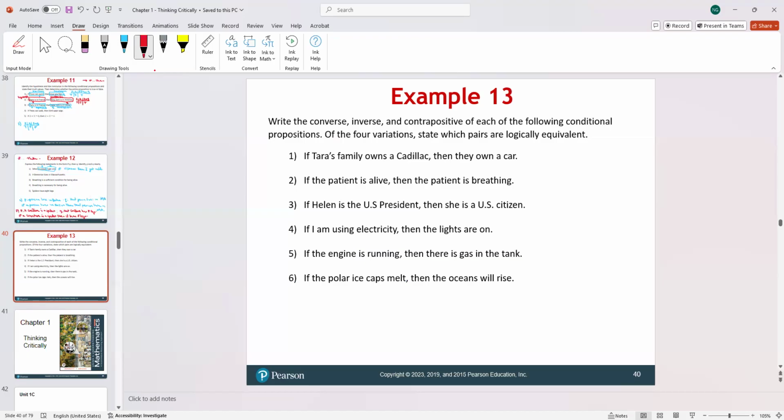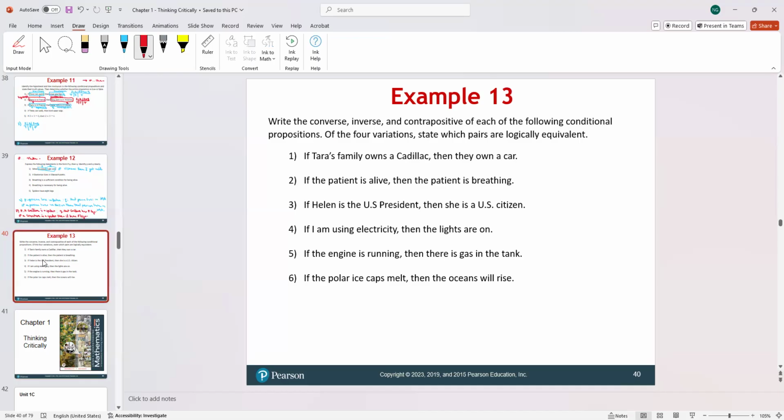Write the converse, inverse, and contrapositive of each of the following conditionals, and of the 4 variations, state which pairs are logically equivalent. Contrapositive and conditional, they are all like this. I'm going to just do one of these and state what it is, and you would understand.